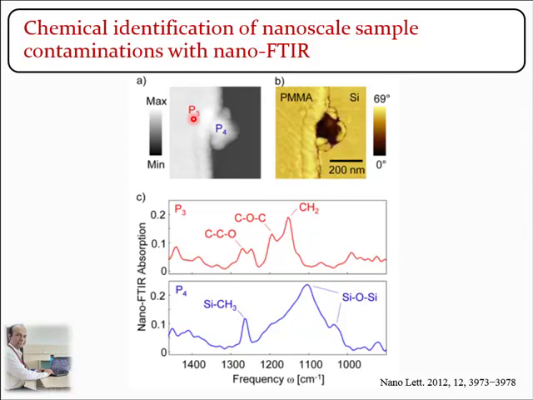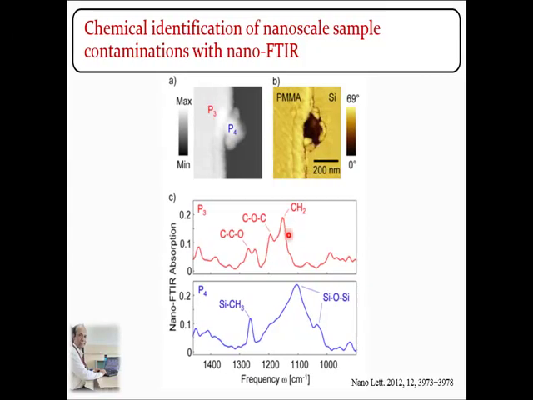While the latter exhibits the known PMMA vibrational fingerprint, we find that P4 shows a strong and broad peak centered around 1100 centimeter inverse, a sharp peak at 1260 centimeter inverse, and a small peak at 1040 centimeter inverse.